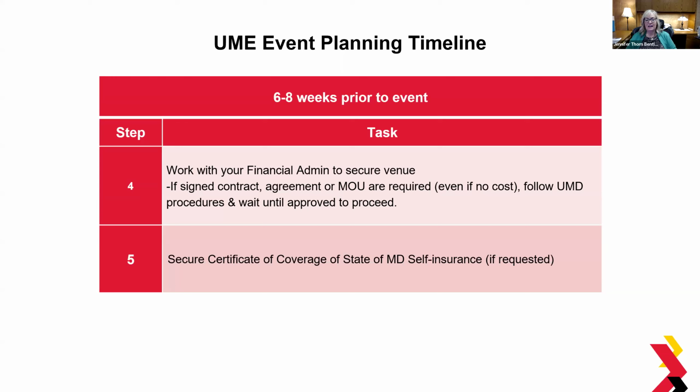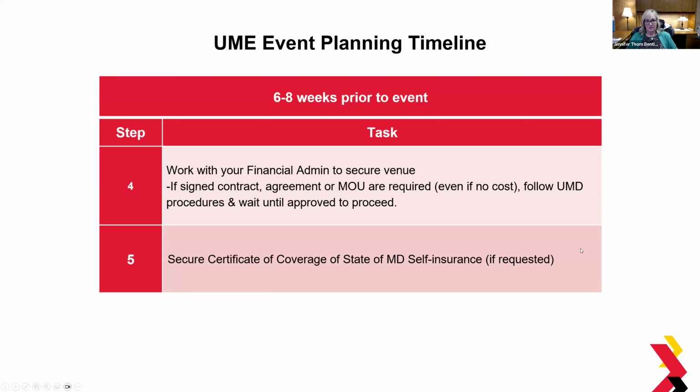Because if there is a signed contract, agreement, or MOU, even if it's no cost, there are very strict UMD procedures that we have to follow. And as I said a minute ago, we cannot advertise anything until we have all of that executed through campus. Some venues also want a certificate of self-insurance.